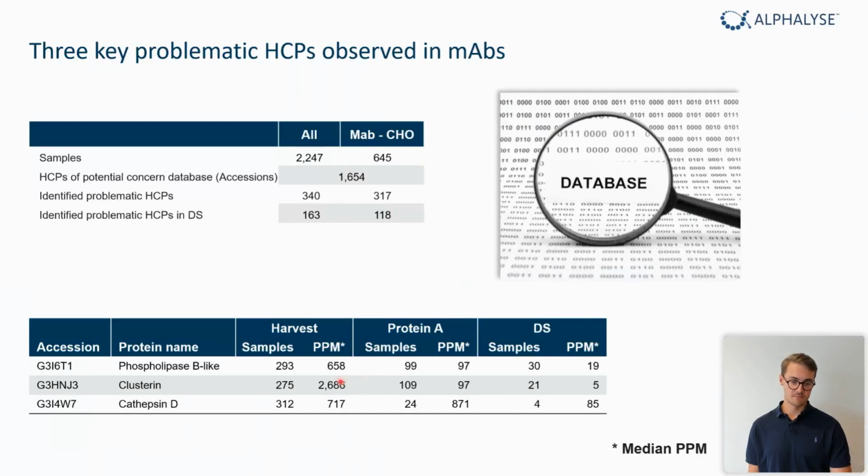So you can look at how different methods have been able to clarify these different proteins. You can compare different relative levels. So you can see we've seen this protein here in 30 different samples, and the median ppm was 19. So you can get a comparison of how the level of protein in my sample compares to this. Is it higher or lower?